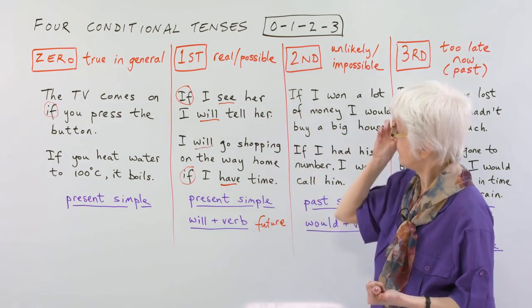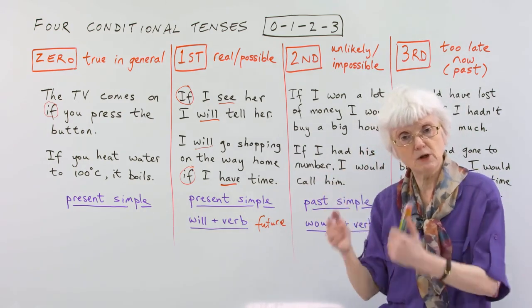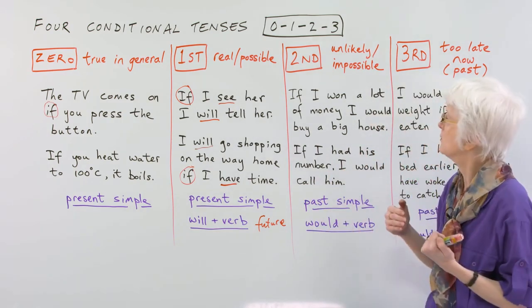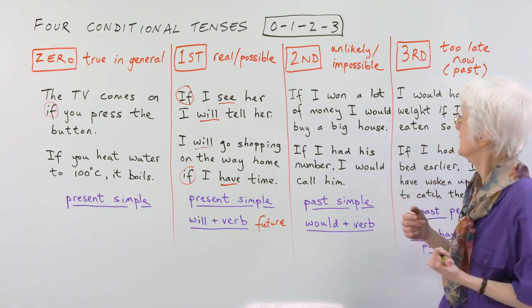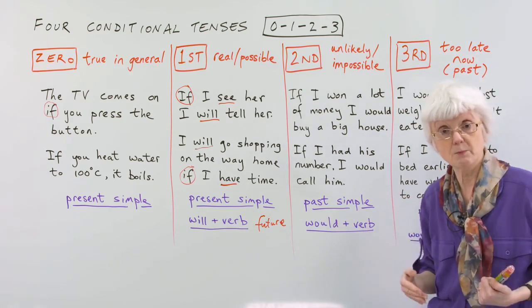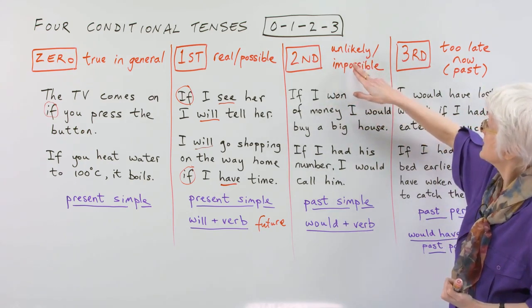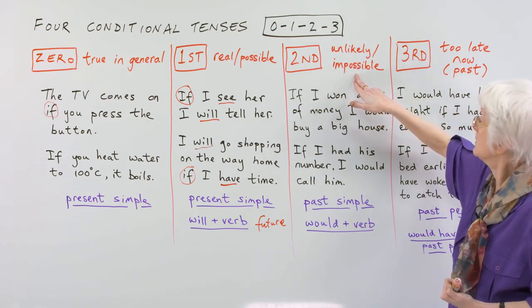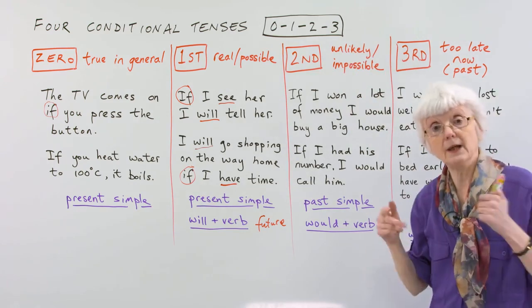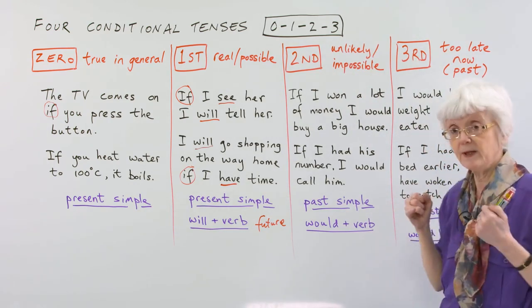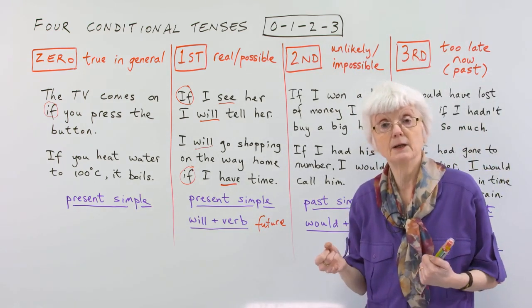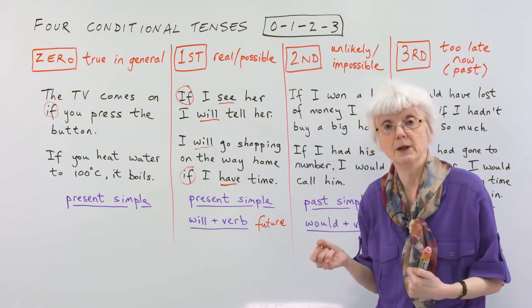Okay. And then we're getting further and further away now with the second conditional to what's possible, because this second conditional is if it's impossible or unlikely. So if something is likely to happen, it will probably happen.